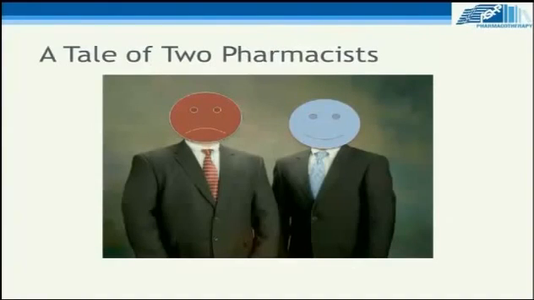So I want to start out with a little tale of Bill and Bob. Bill and Bob, depicted here, both went to the same school of pharmacy, in the same class. They actually were both in the top 10% of their classes. They're very good students. And they both went off to do residencies, very progressive residencies, top-notch institutions, well-rounded.